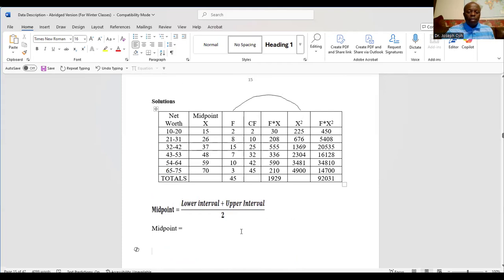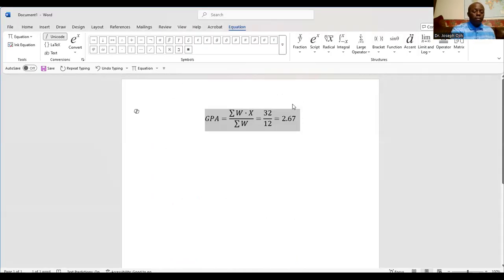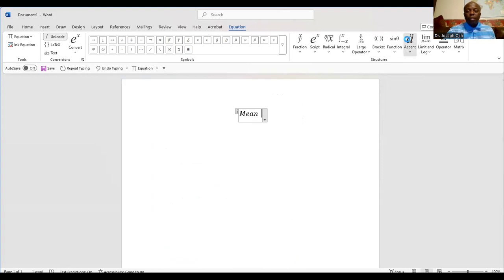We'll take you to where we can put the formula. The mean, which is x bar, equals the sum of f times x divided by the sum of f.